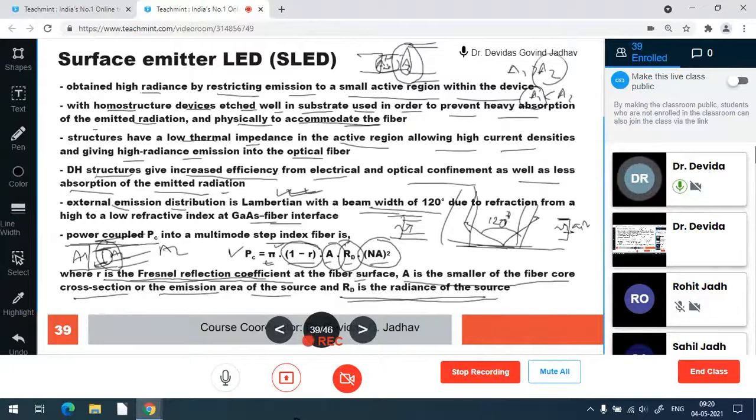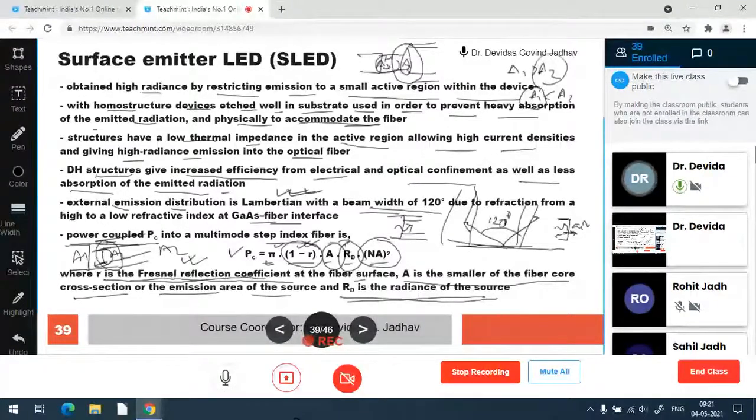Whenever there is a change in the medium, a small amount of light reflects back and the rest of the light goes into the other medium by refraction. This small amount of light reflection is found by Fresnel reflection. So r is the Fresnel reflection coefficient. How much reflection is returned back: out of 1, small r is returned back. How much goes into the next medium is 1 minus r. That's why 1 minus r is taken.